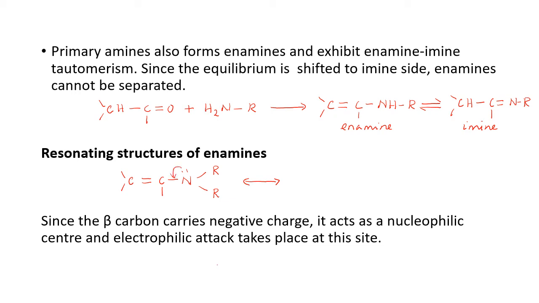So the lone pair on nitrogen can be delocalized and we get a carbanion intermediate. This is the alpha and this is beta carbon. And since the beta carbon carries negative charge, enamines can act as a nucleophilic center and electrophilic attack takes place at this site.